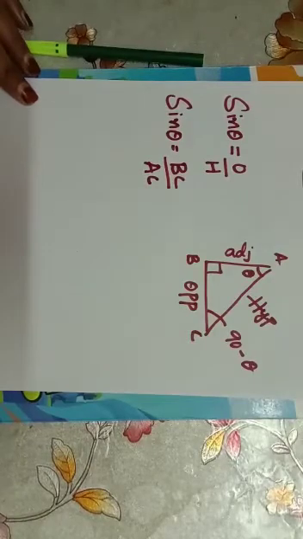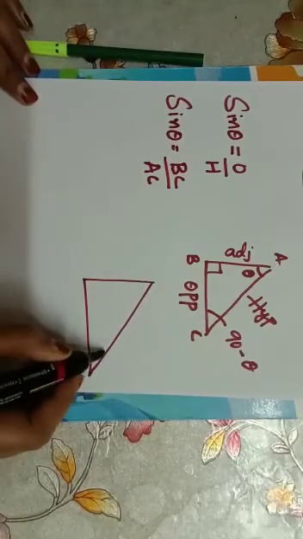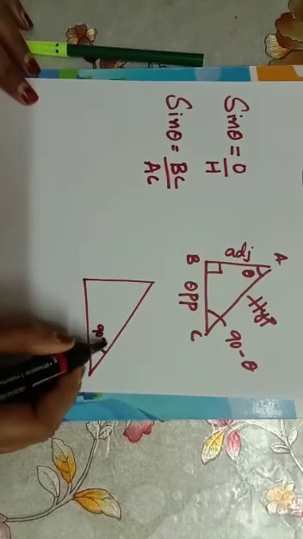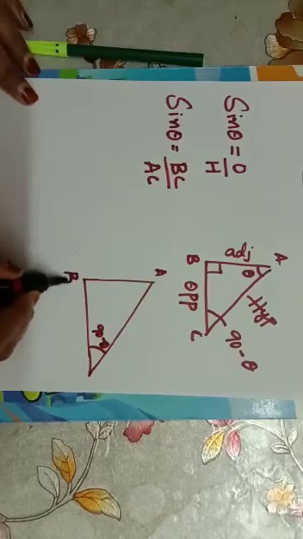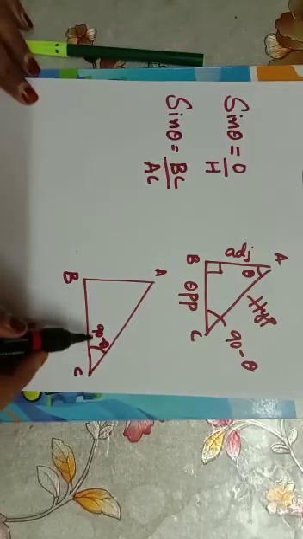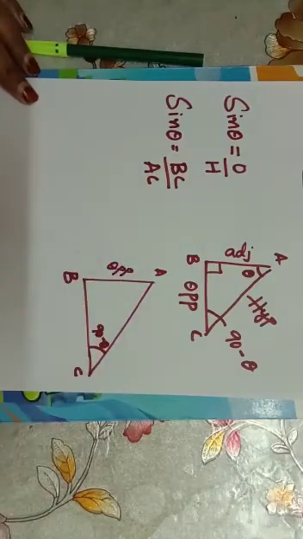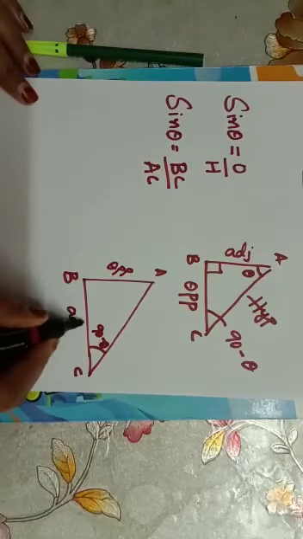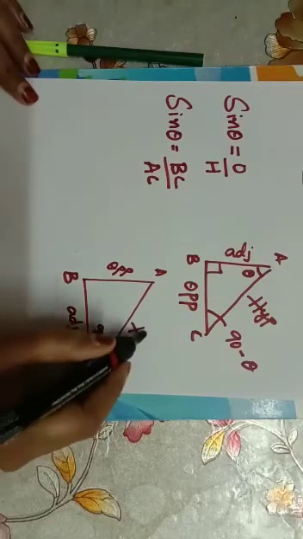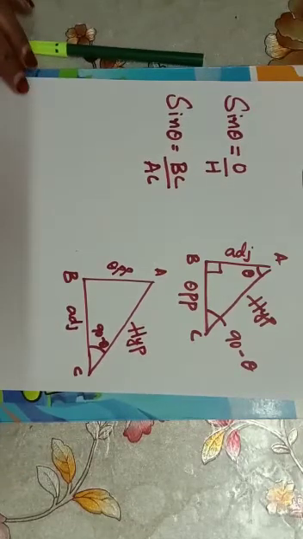Clear? Okay. When I consider angle C, that is 90 minus theta, the opposite to 90 minus theta is AB. So I write here AB. And side adjacent to it is BC. So I write here adjacent. AC is hypotenuse. Clear? Okay.